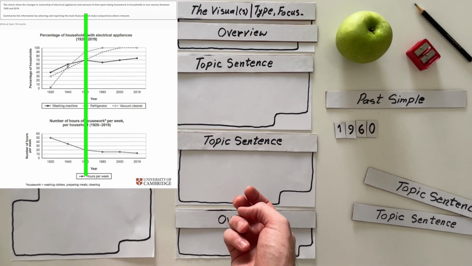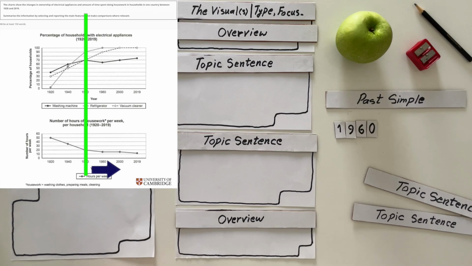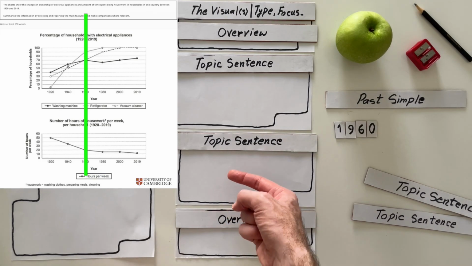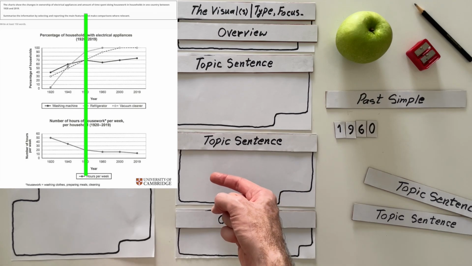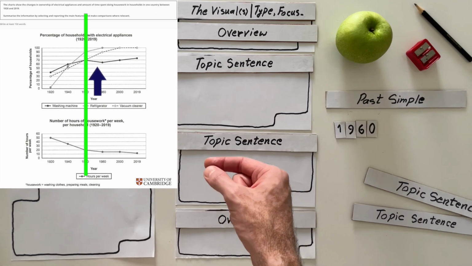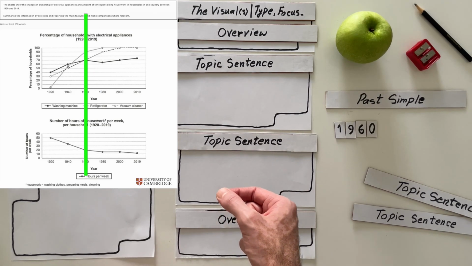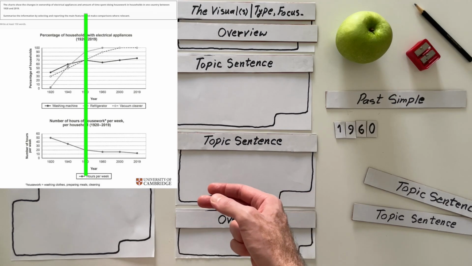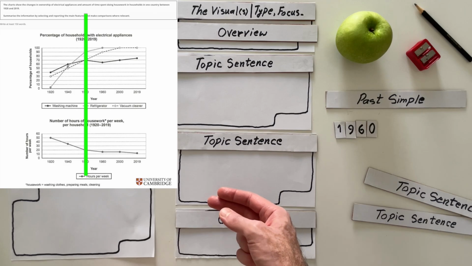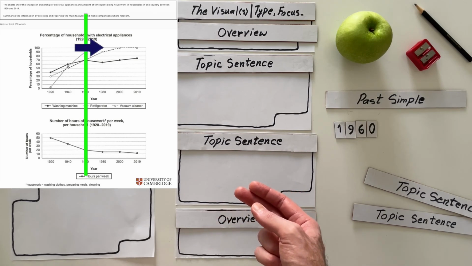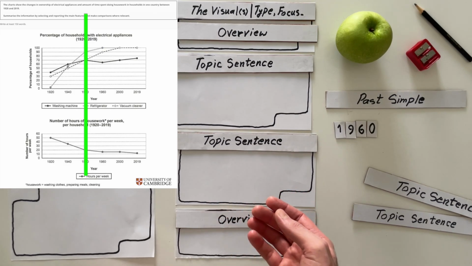But after 1960, it was still increasing, but for washing machine, we had a little bit of dip. And then the others, specifically refrigerator, reached the plateau and remained that way.